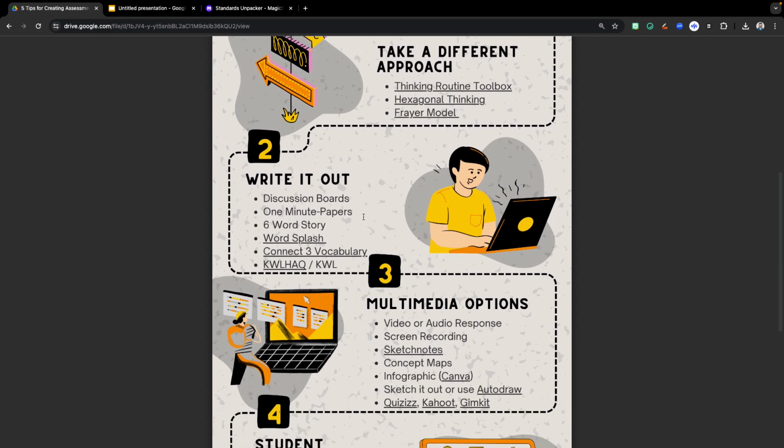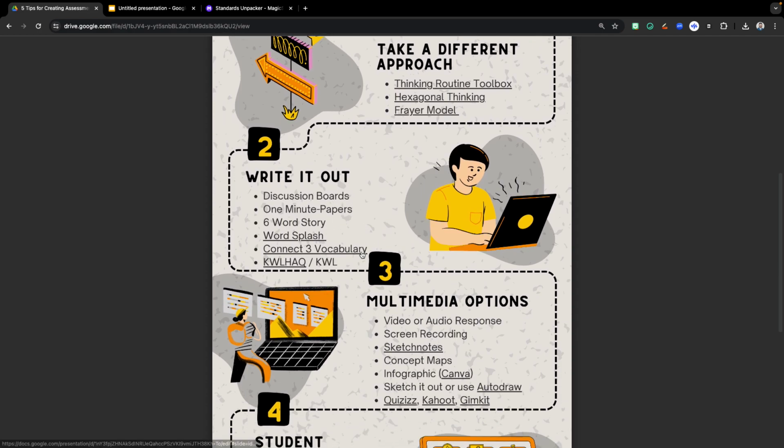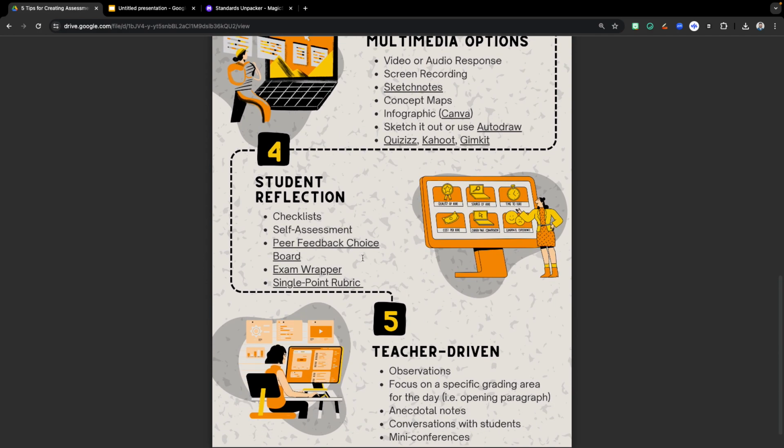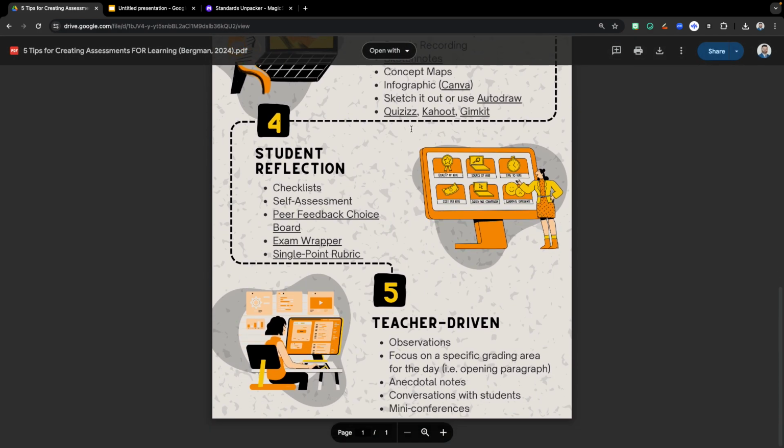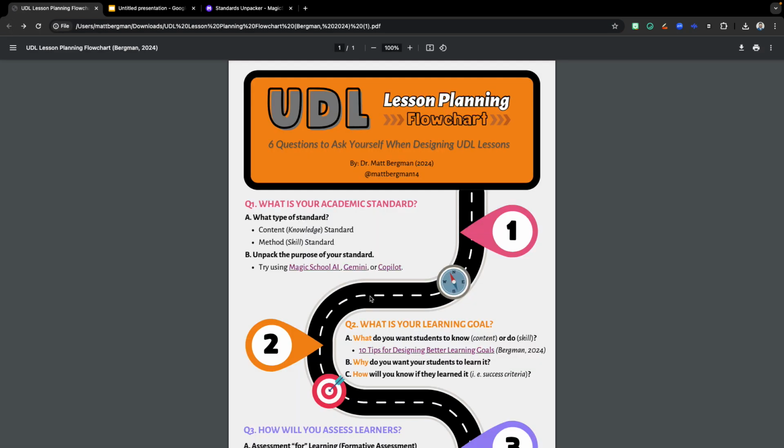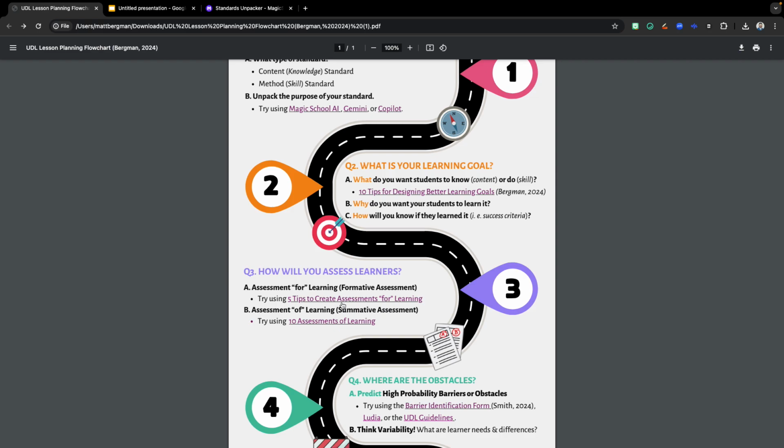So, exit tickets are great, 1 minute papers, but even doing something as simple as a sketch note or even just having a conversation with students is really helpful. So that's one way that you can look at helping students as an assessment for learning. But other times we have summative assessments, and this is for the students, right? An assessment of learning.